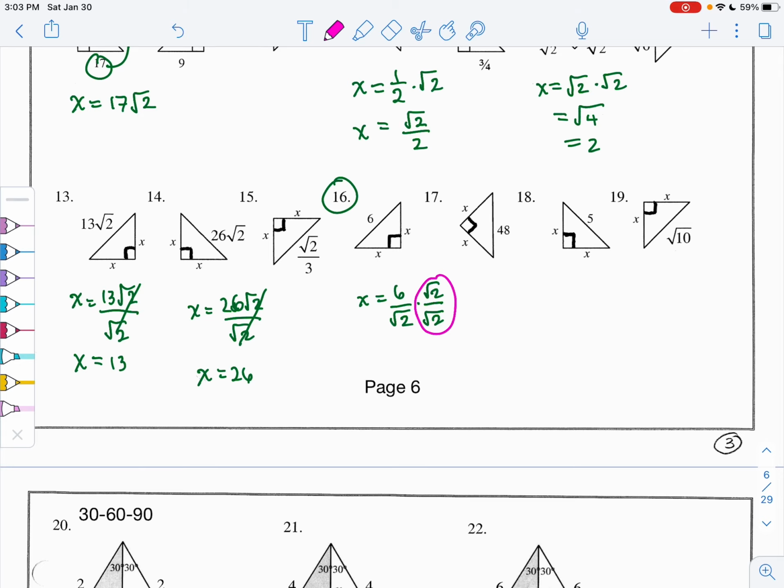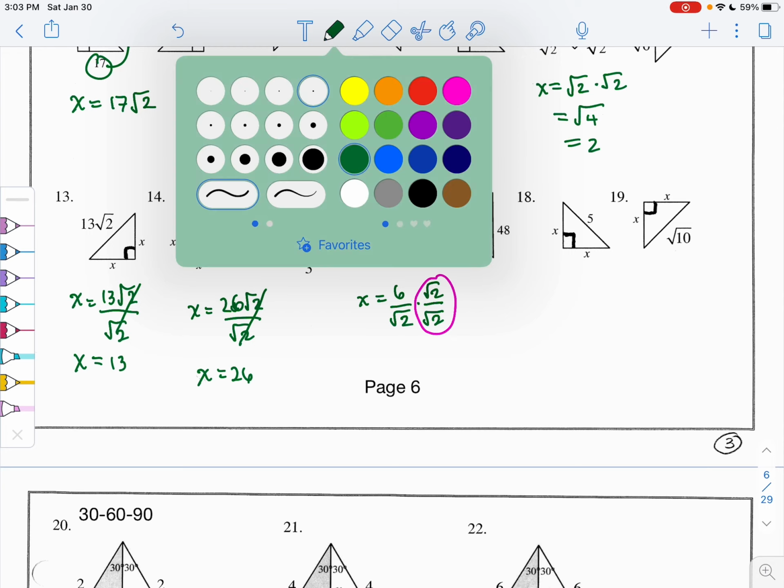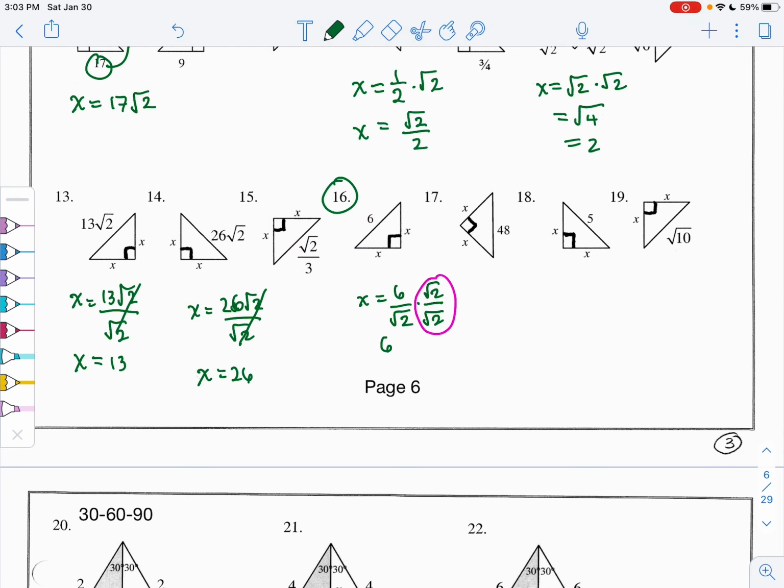However, doing so, we can now give a partner to the bottom 2. So we have 6 times radical 2 on top. Multiplying the 6 by the rad 2, we get 6 rad 2. Multiplying rad 2 by rad 2, that's the same thing as rad 4, or rad 2 times 2. Perfect square here, so that allows us to take out a 2 and not have anything else left inside the radical.